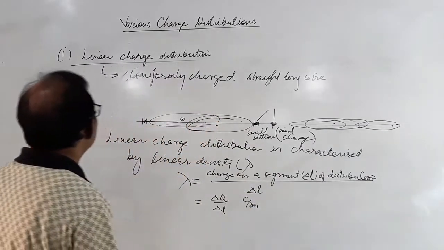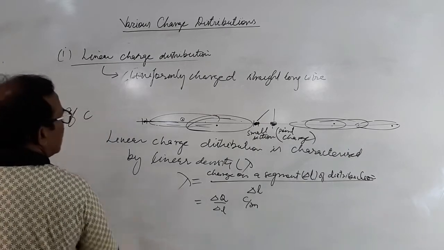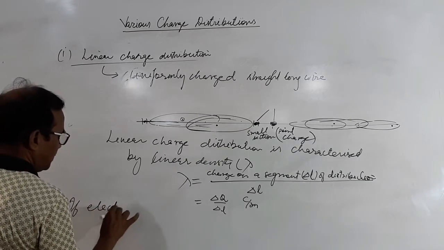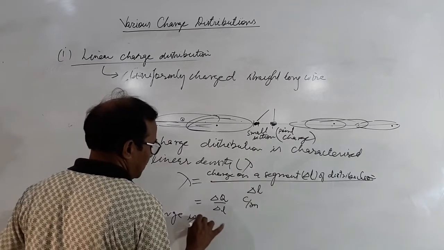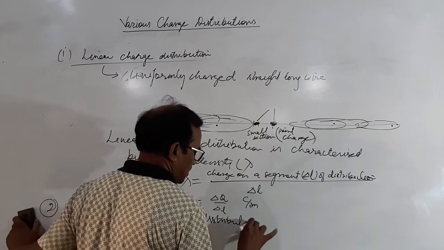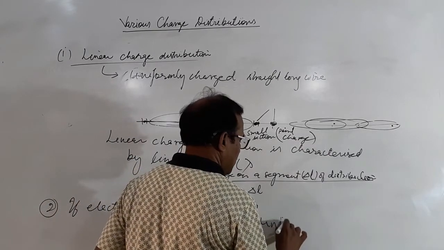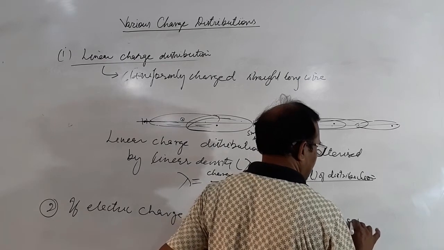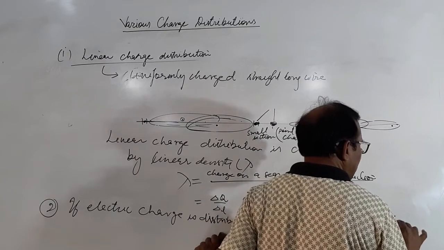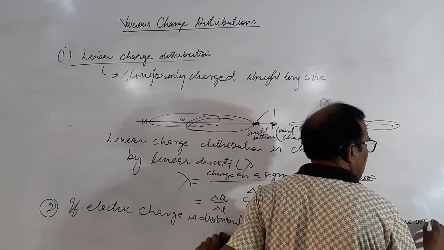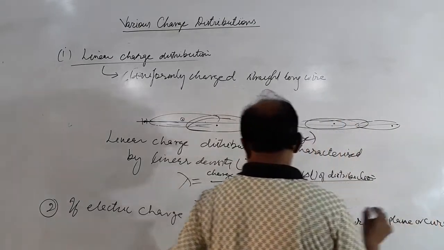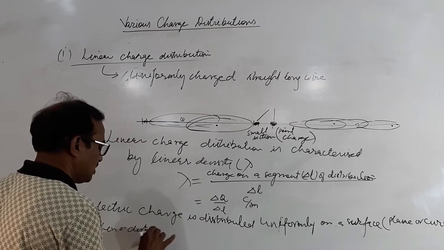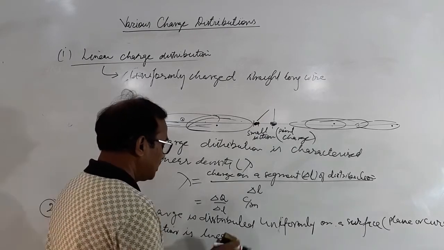So if electric charge is distributed uniformly on a surface, which may be plane or curved, then the distribution is surface charge distribution.